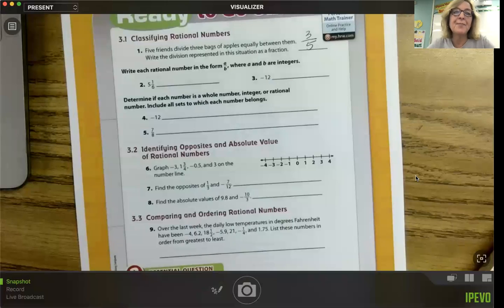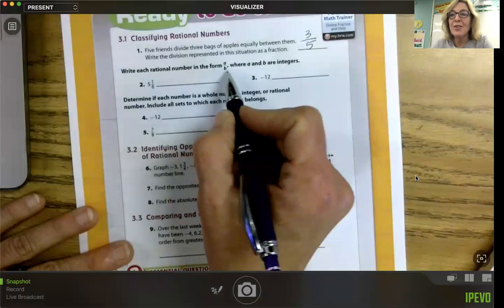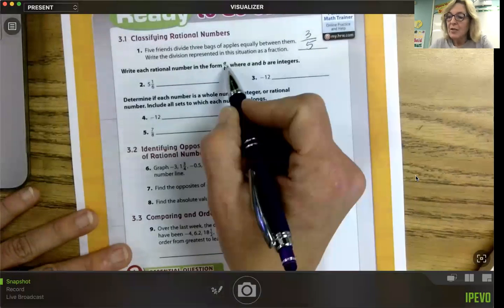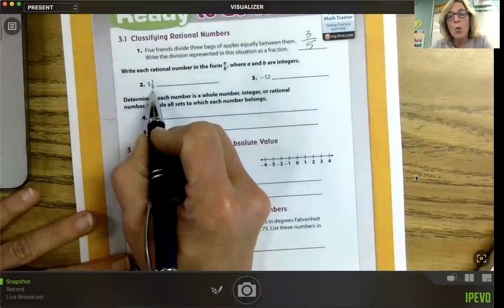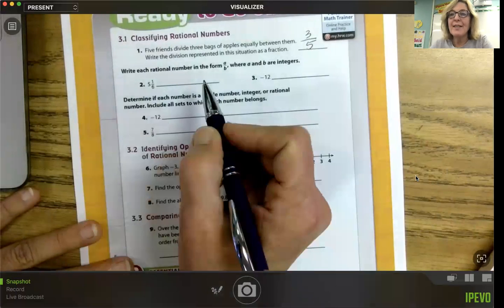Okay. The second one, the instructions say to write each rational number in the form of a divided by b, where a and b are integers. We talked about those instructions the other day, and that really we just want to write it in fraction form. So 5 and 1/6 right now is a mixed number. It contains a whole quantity and a fraction. So what we want to do is just represent that as a fraction.